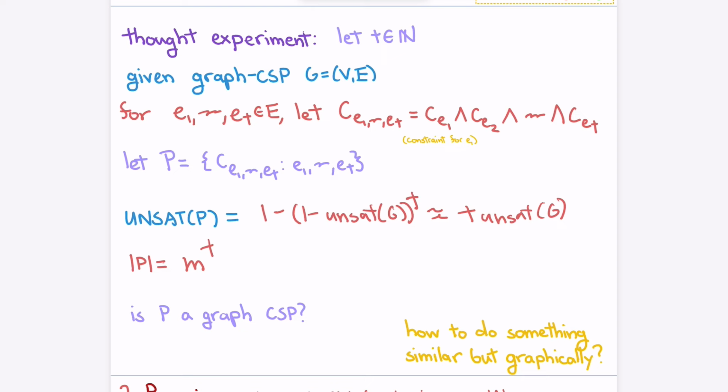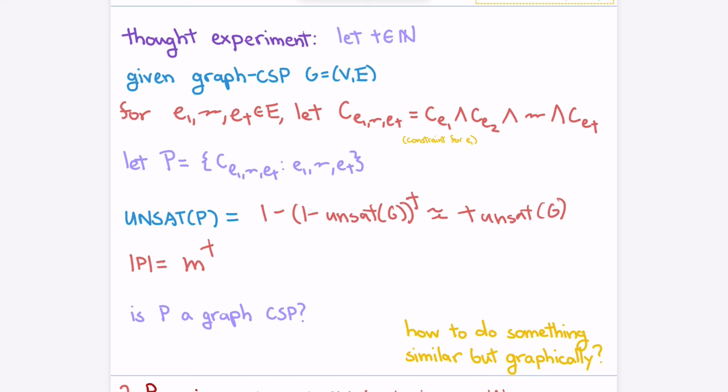We're trying to simulate this experiment of picking t random constraints, right? And what's the graphical version we've been doing recently? A t-length random walk. Pick a random vertex, walk around for t steps. So that suggests that for every t-edge walk in the graph, I make a big conjunction. So now you have some walk, and that's going to be a new edge from the endpoints.